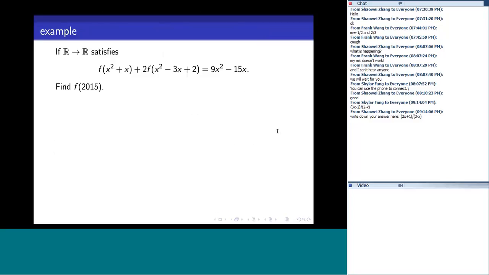That's an interesting one. Let's finish this example, then we are going to finish this topic. Let's talk about vector functions, fixed functions. I think that's all about it. So this is an example. It's interesting. If a function satisfies this, then I ask you to find the value at 2015.